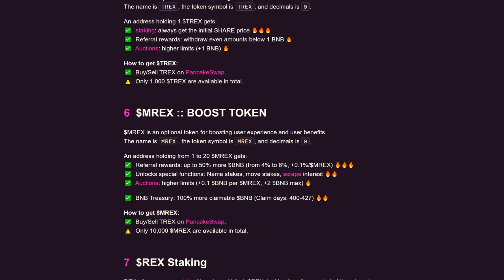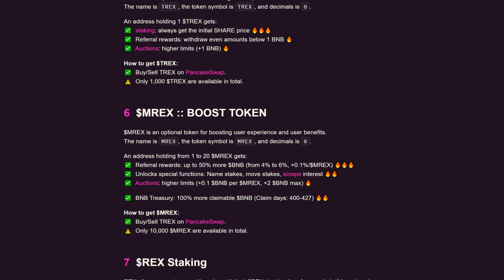Essentially, let's say you have 5 MREX, and normally you can put in, let's say, 2 Binance coin. If you have the TREX, like I mentioned earlier, you can add a third one. And if you have 5 MREX, you can put up to 3.5 BNB because each MREX gives you an extra 0.1%.